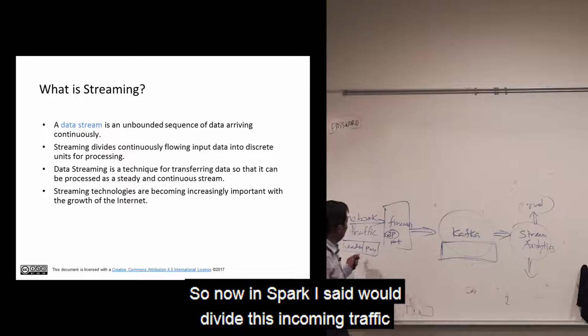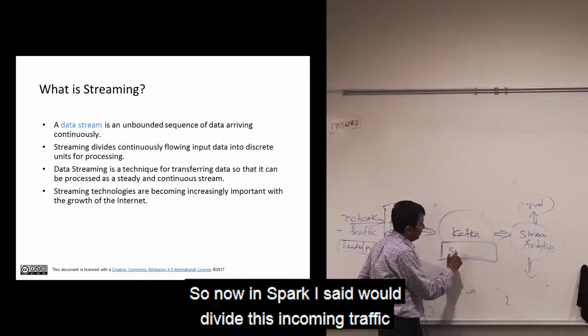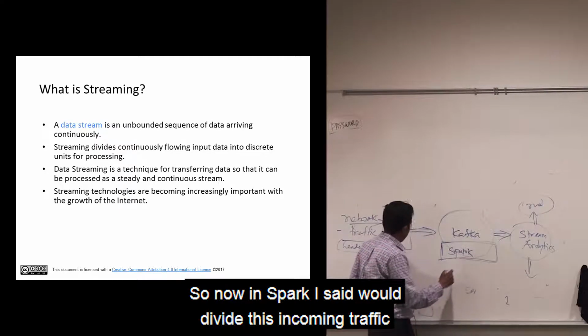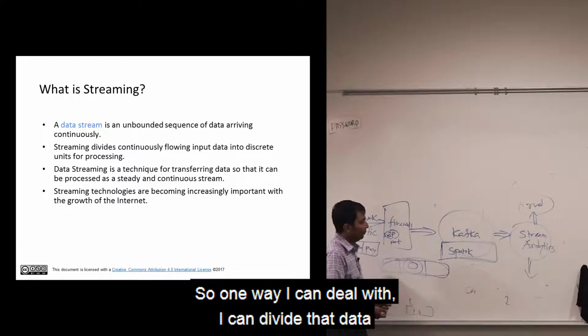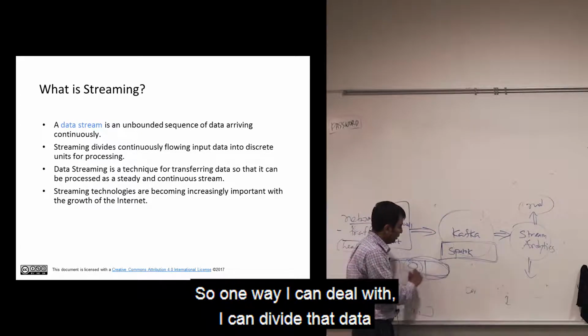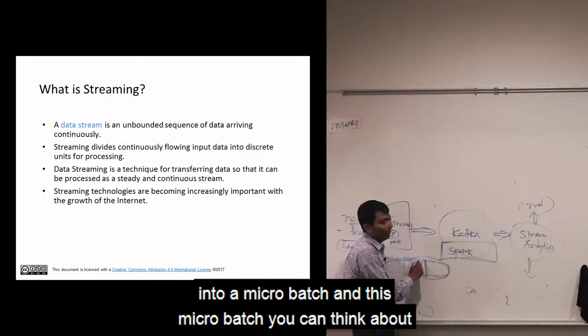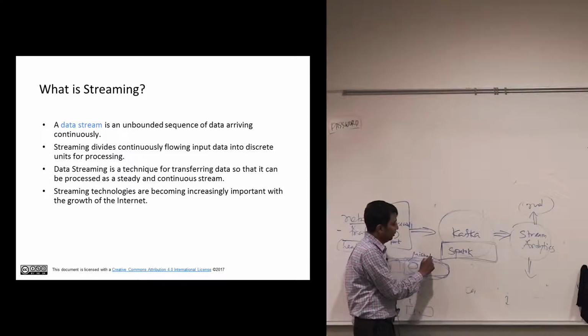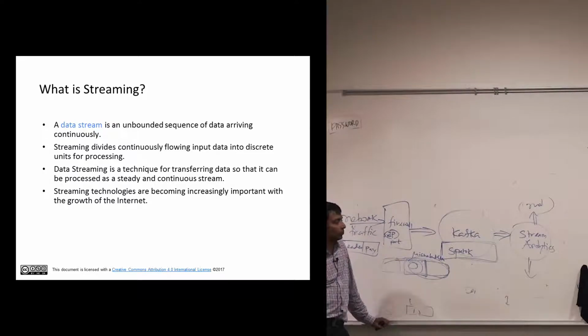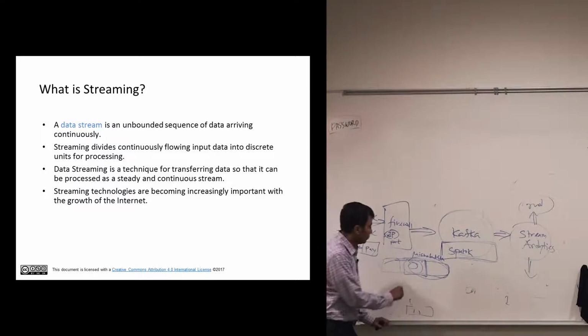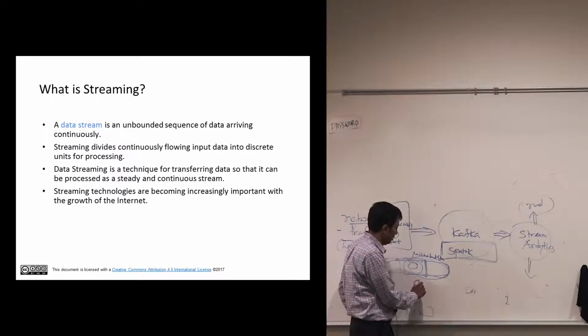So now in Spark, we divide this incoming traffic. It is a flow of information, one after another coming. So one way I can divide the data is into micro batches. This micro batch you can think of as a chunk.